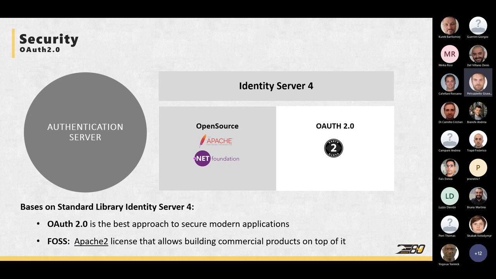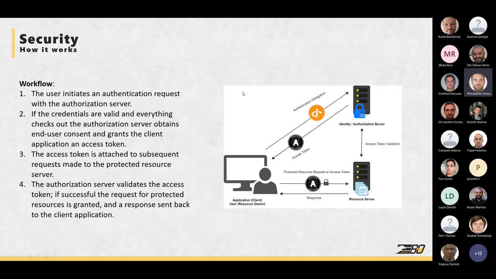This is a very common framework used in web applications. It's open source, with an Apache license, and it's possible to use it for building commercial products, and also to customize it. It uses the most common protocol, OAuth 2.0, for managing tokens, which we will also see in this lesson, in this module. So how does it work?